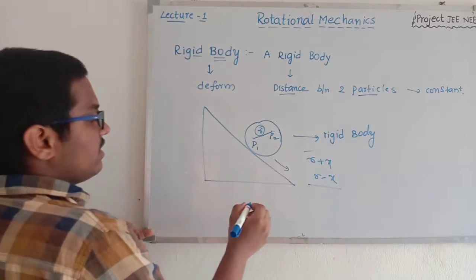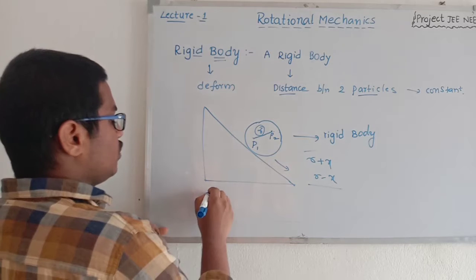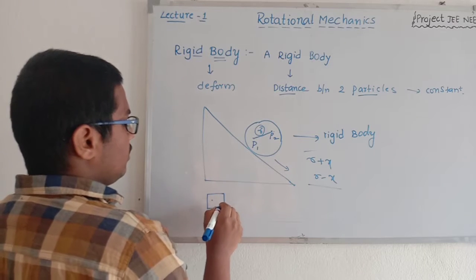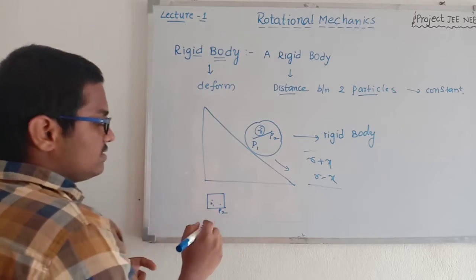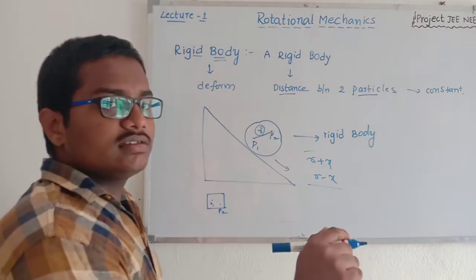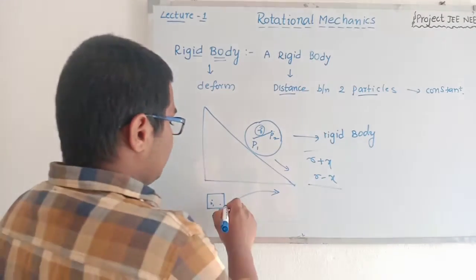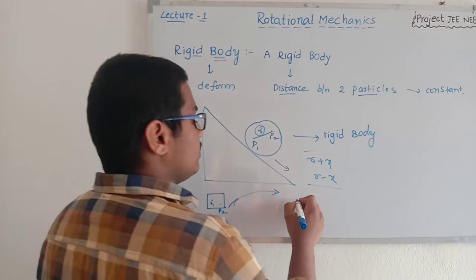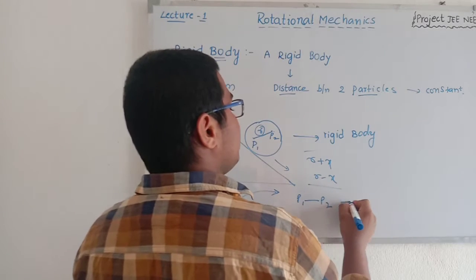If we take another example, if this square or cube is a rigid body and we assume P1 and P2 as two particles on that body, and we throw it in a projectile way, then during the motion the distance from P1 to P2 will be constant.